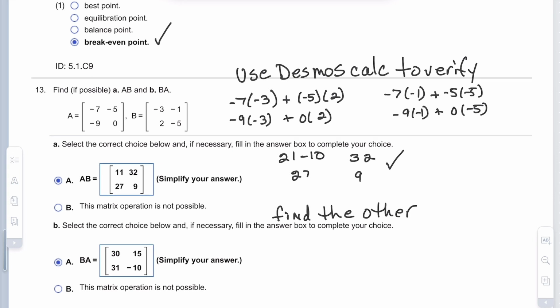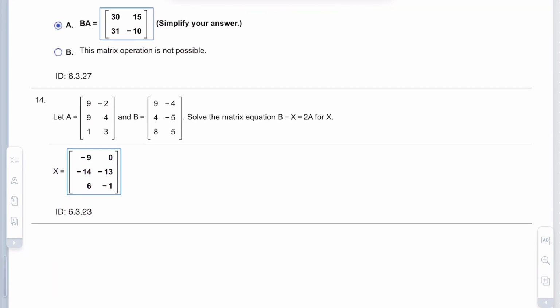So there you go. I was able to verify the solution, and then you can do the other one on your own.